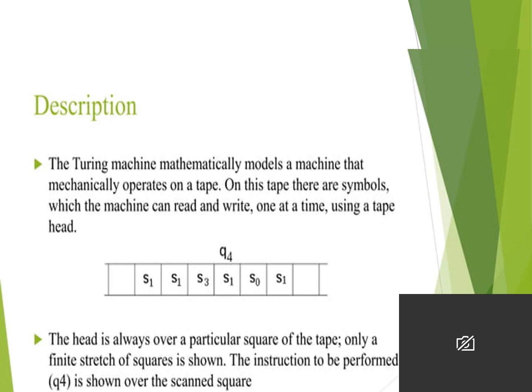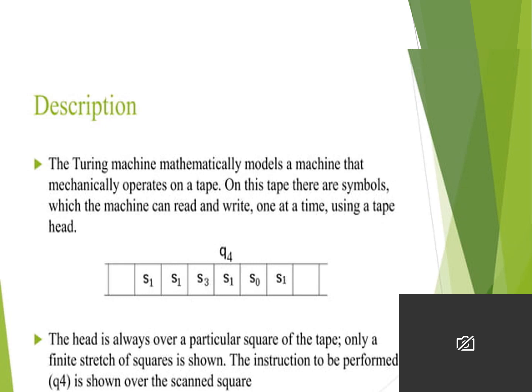Here is the main description of the Turing machine. The Turing machine is a mathematical model, a machine that mechanically operates on the tape data structure. In this tape, there are symbols which the machine can read or write only one at a time using the tape head. For each and every tape, we will have the tape head.